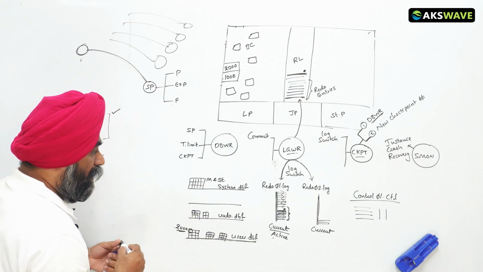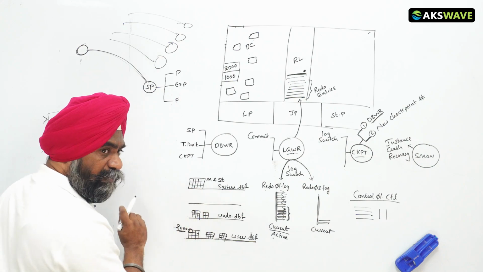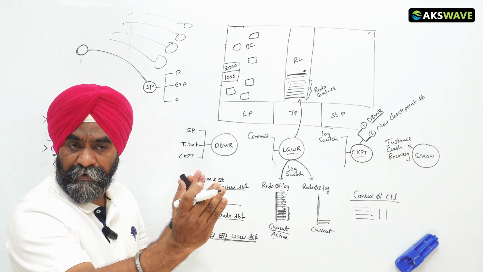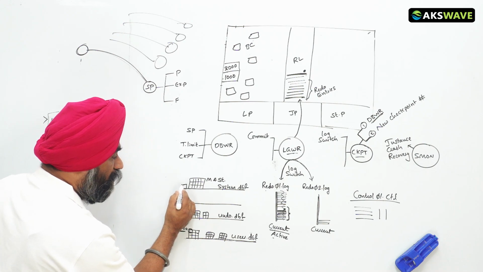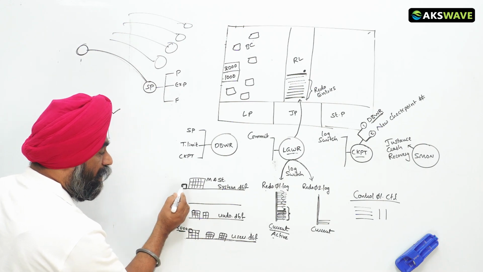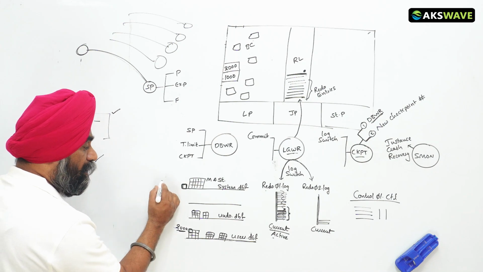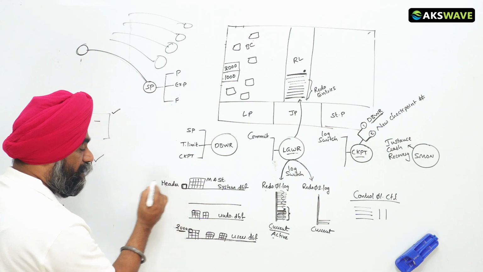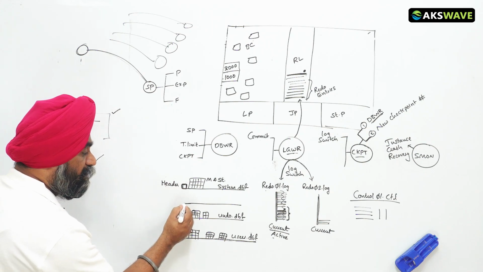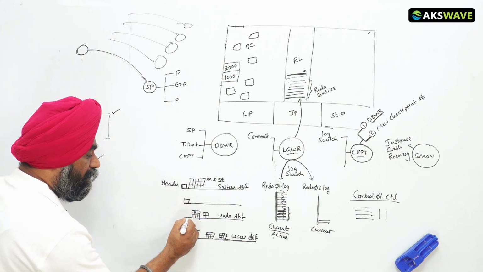What does header mean? A data file consists of blocks. Some initial group of blocks are reserved as a header. So each data file will have a header, guys.